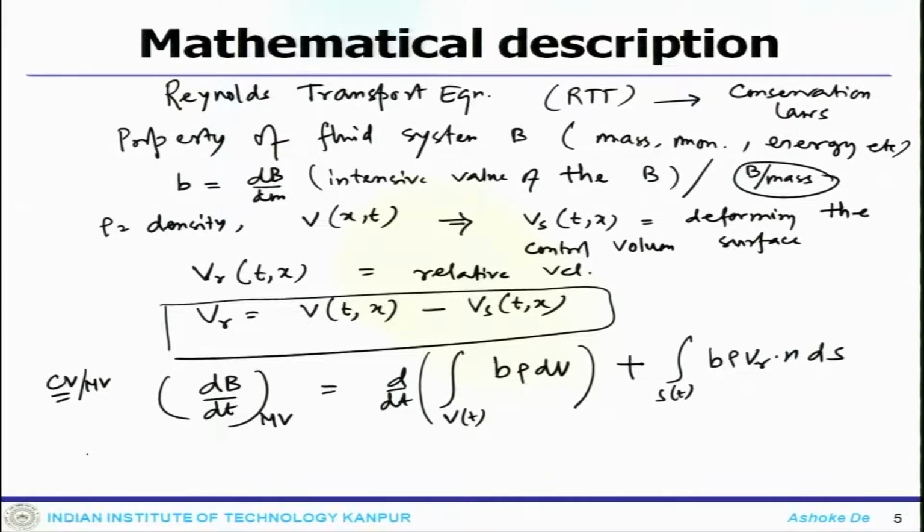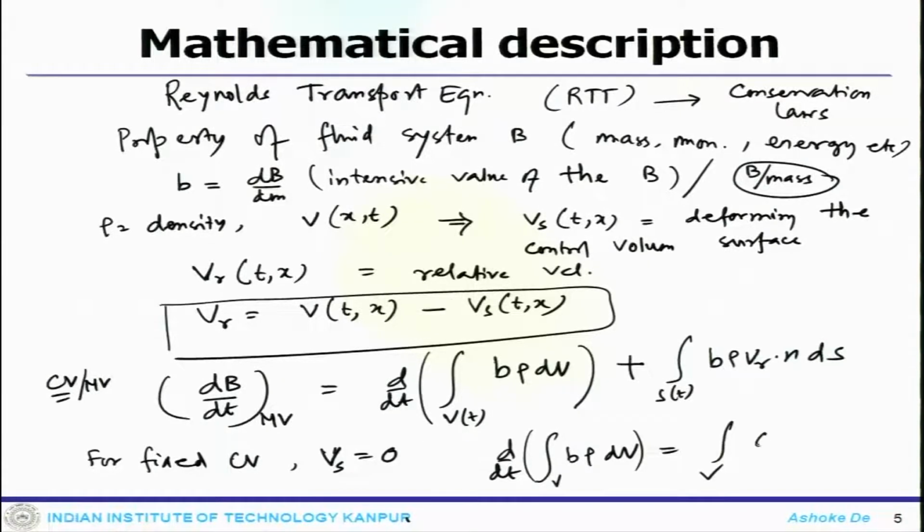Now, for a fixed control volume Vs is 0. So, that brings down to d/dt of b rho dV equals to del/del t of b rho dV. Okay.